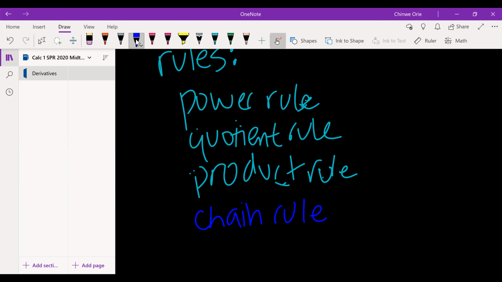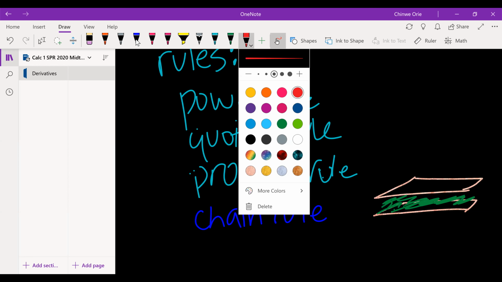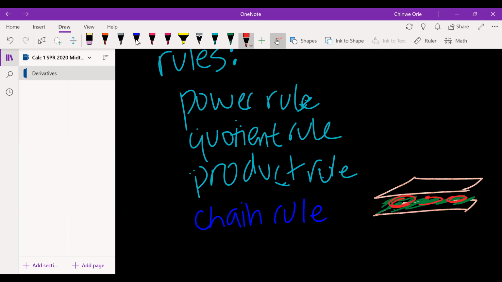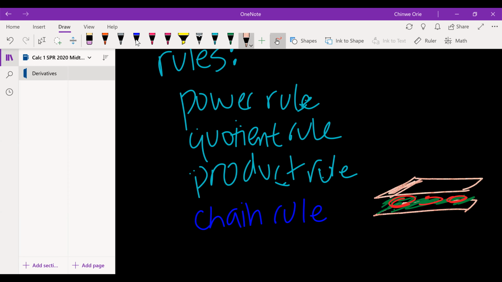The way that I like to describe it, if you've seen this before, cool, but not everybody has, is if you had a sandwich. You want to treat that outside function as the bread of the sandwich.